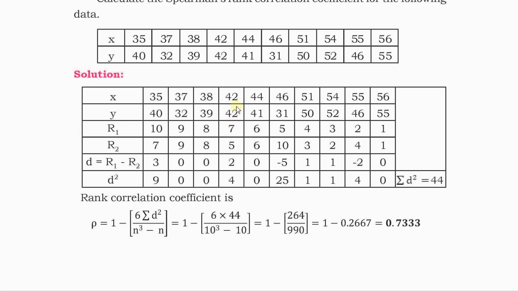The next highest value is 42. The rank is 5. The next highest value is 41. The rank is 6. The next highest value is 40. The rank is 7. The next one is 39. The rank is 8. The next one is 32. The rank is 9. And at last the value is 31. For it there is the rank 10.